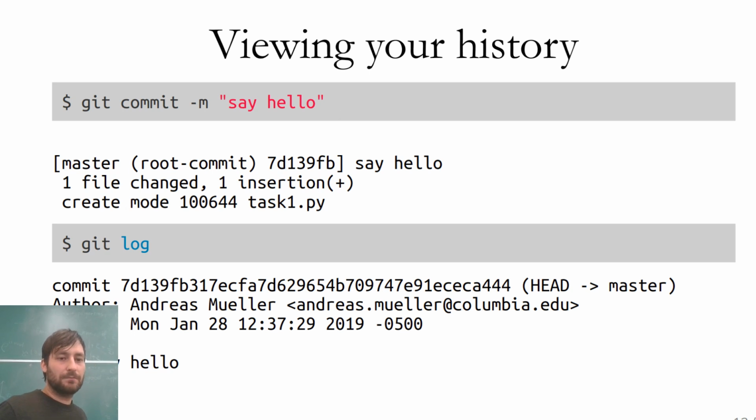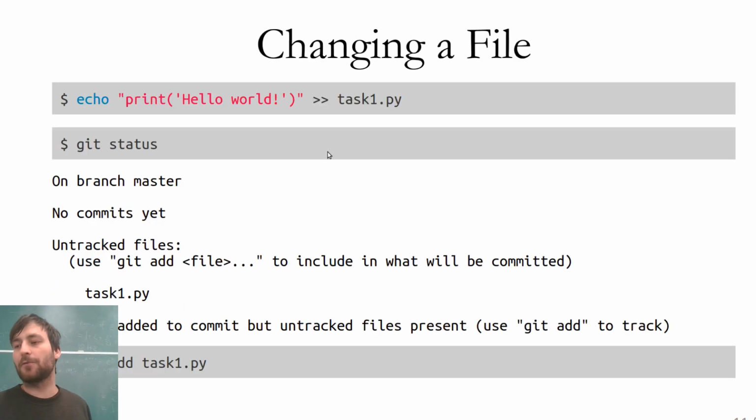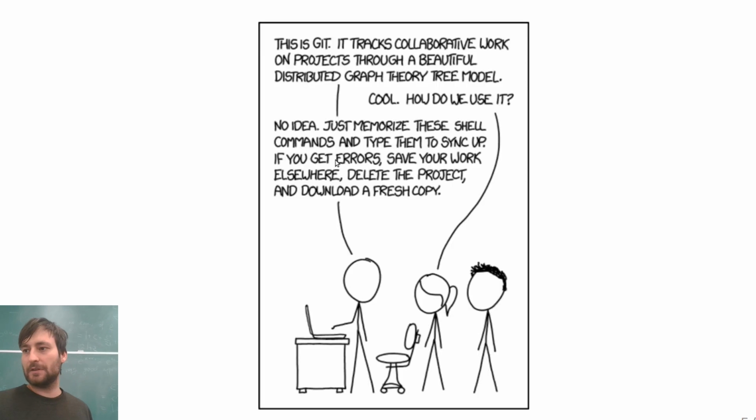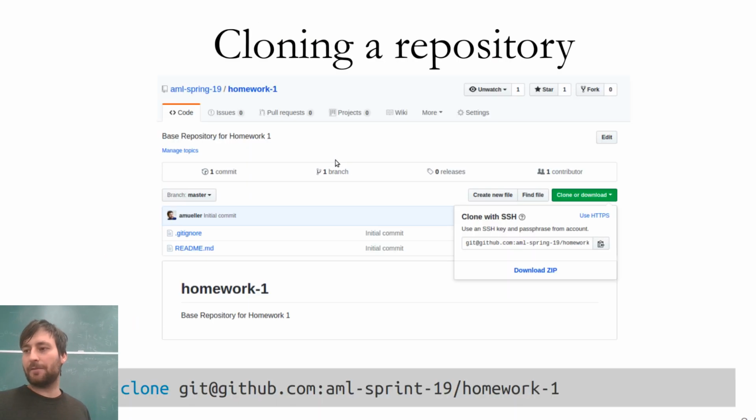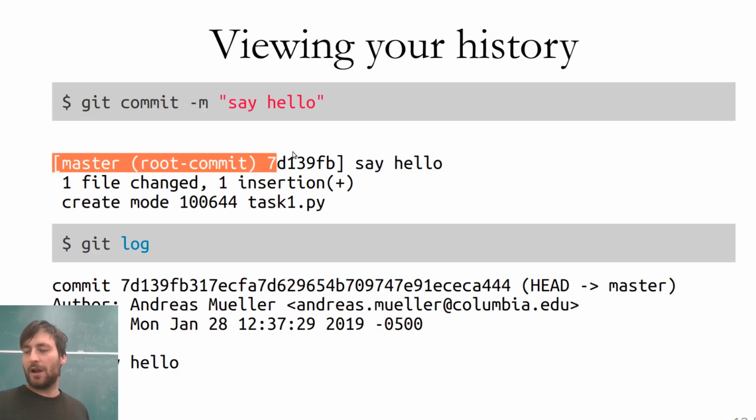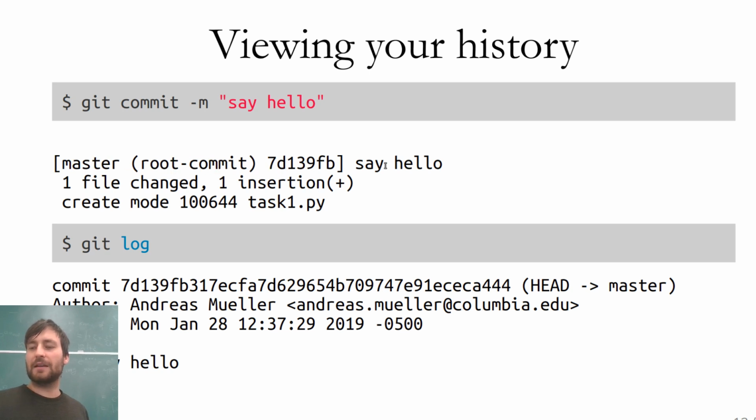You can see the branch I'm on, which is master here, and you can see, I think, the first couple of entries of the hash, then the commit message, and it tells me one file was changed, one insertion, so that means I inserted one line, and the change was to create this file.